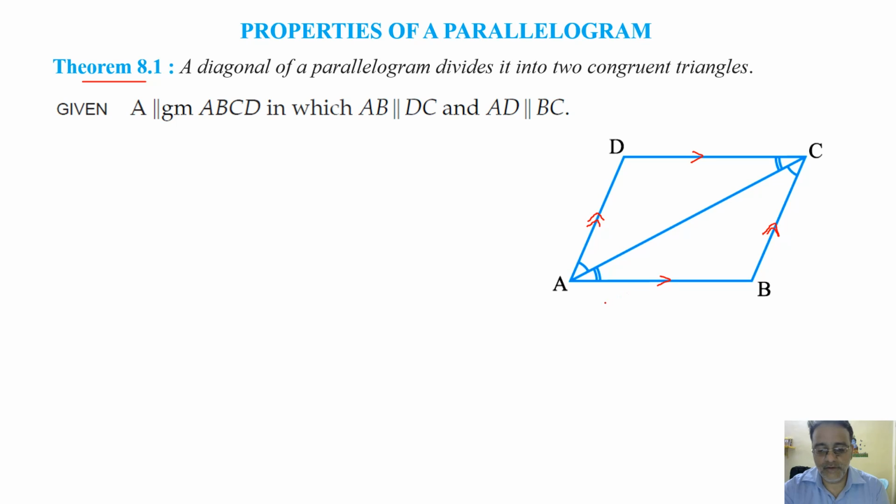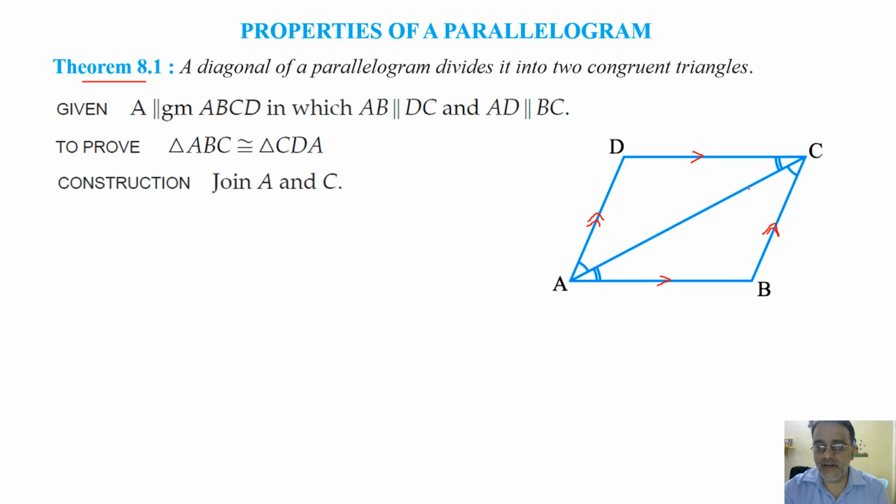So what we will do, we will join AC, okay, and now we are going to prove these two triangles congruent. So first of all, let us start with naming the angles 1, 2, 3, 4. Now angle 1 is equal to angle 2. Why? Alternate interior angles. Very good. And angle 3 is equal to angle 4. Alternate interior angles.